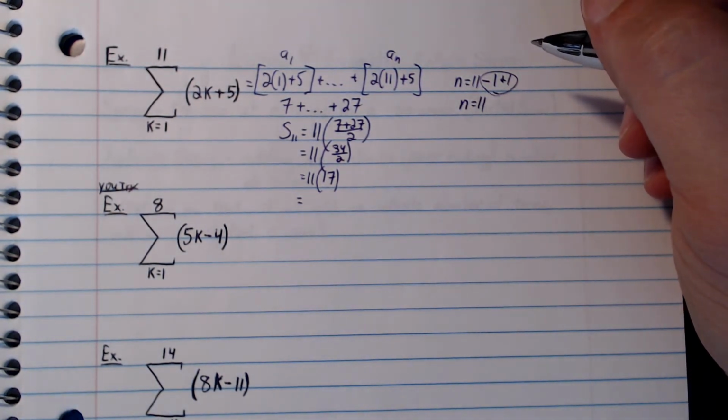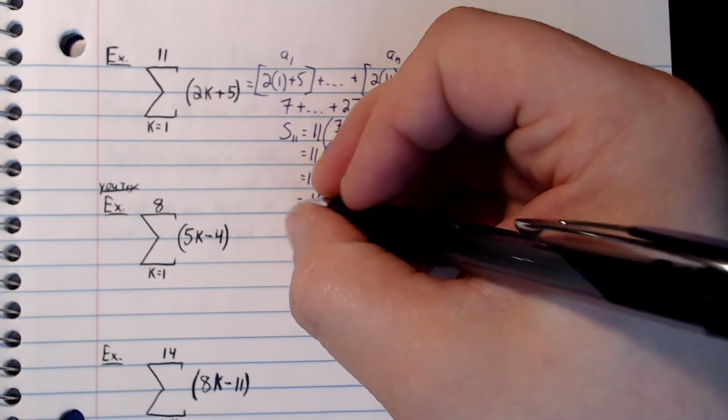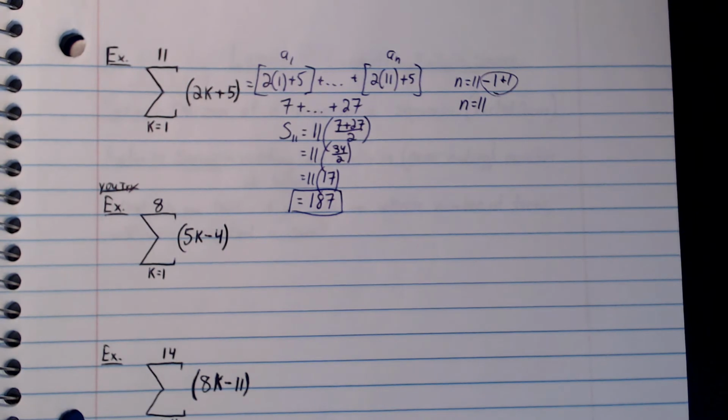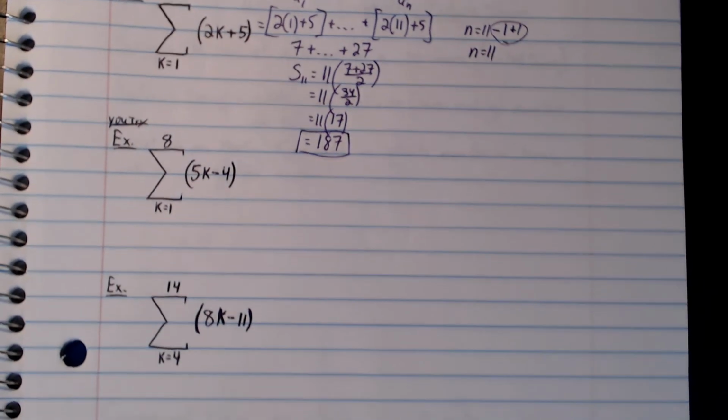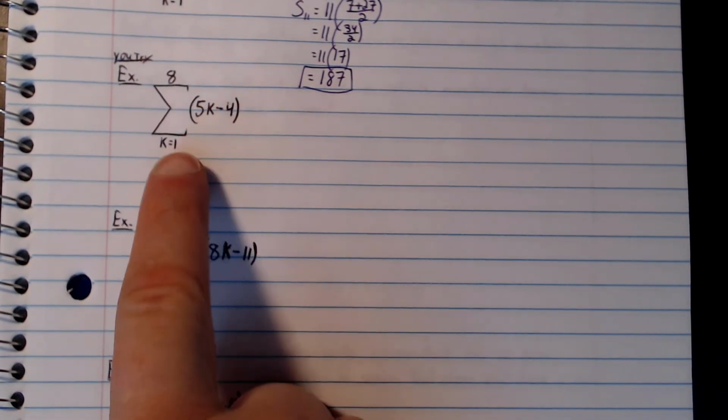Oops. Yeah, 187. Ooh, I went a little too far down on that one. You have one to try out right here. Pause the video and resume it when you're ready to check. Just this one right here.